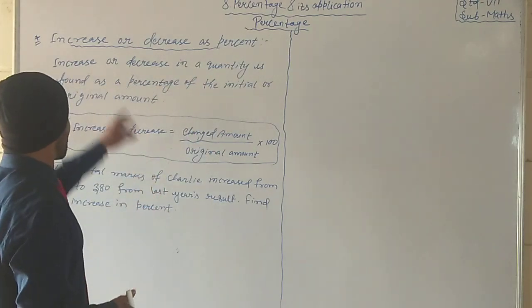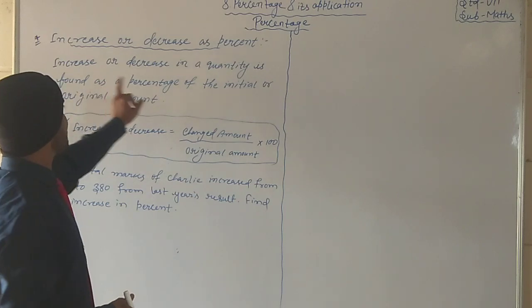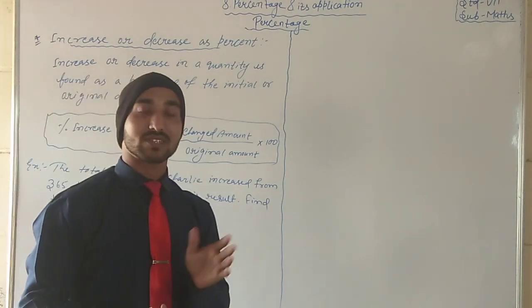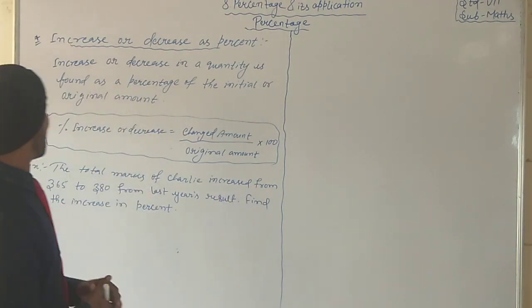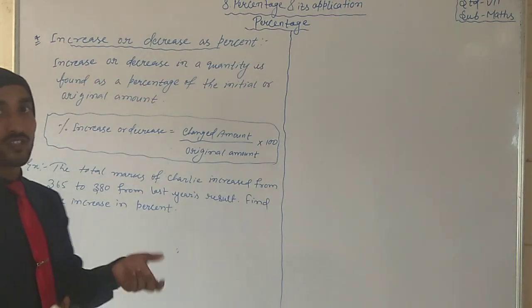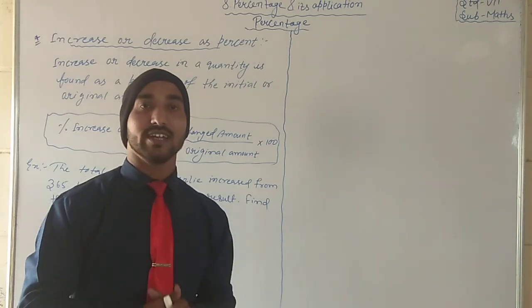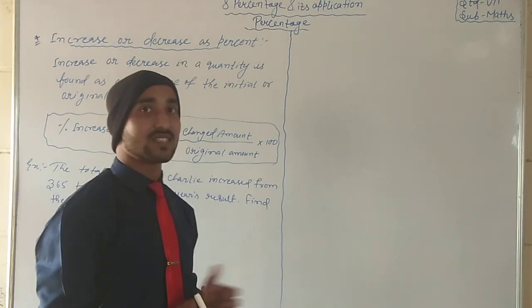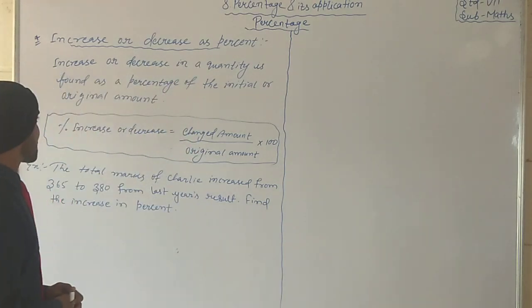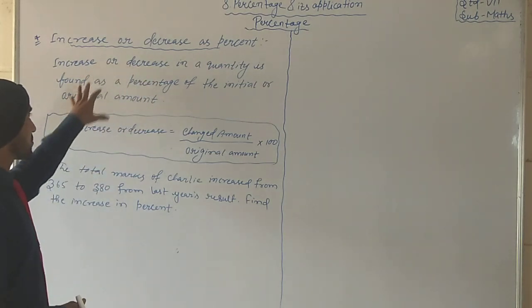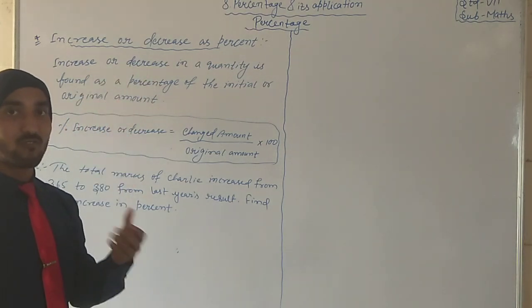So an increase or decrease in a quantity is found as a percentage of the initial or original amount. Initial or original amount means the data you have. It depends upon the question. As an example, to find the increasing or decreasing percentage, what is the formula?